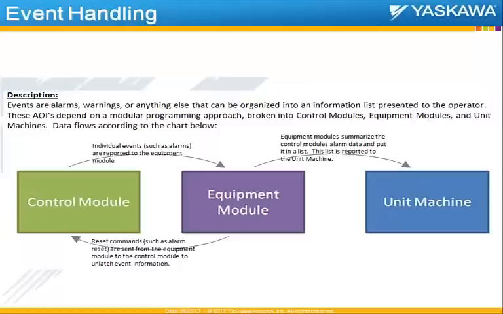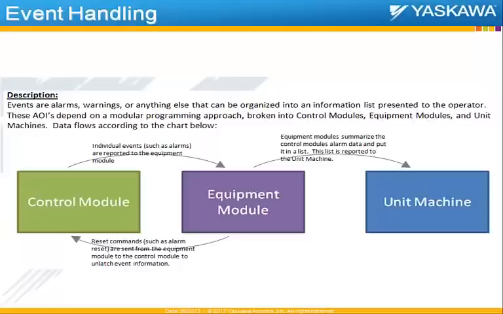And then they can be displayed to the operator, the list can be reported, and then reset from the equipment module, distributed back down. So when we do it in this way, it does help identify where the alarm came from, which equipment module, and which control module. It helps zero in on the code where the problem might be.